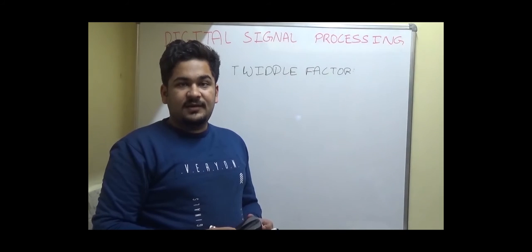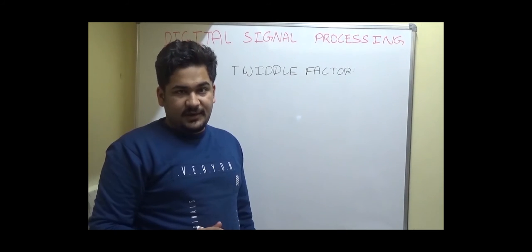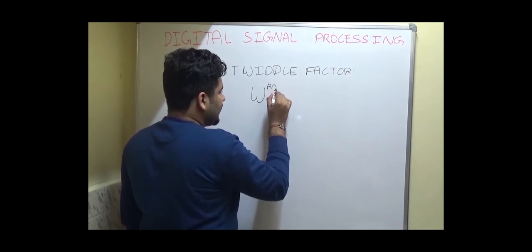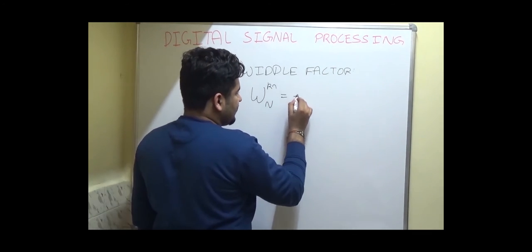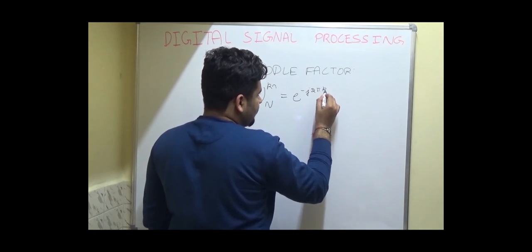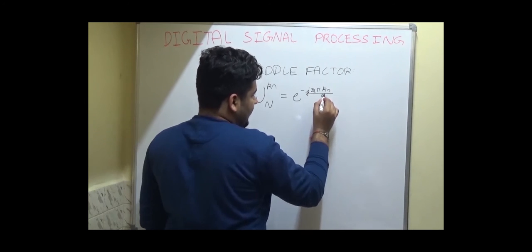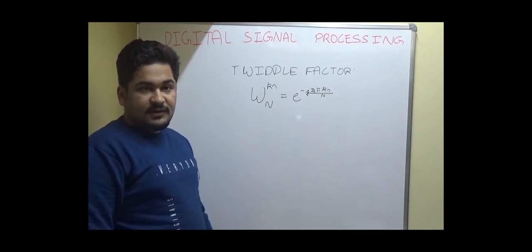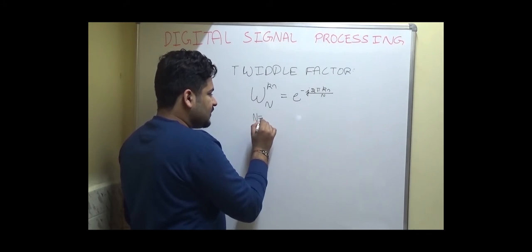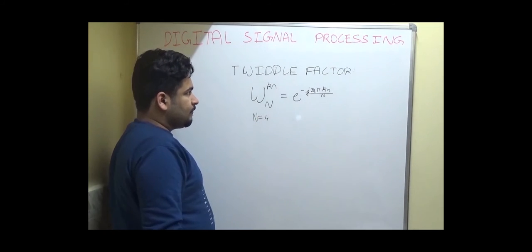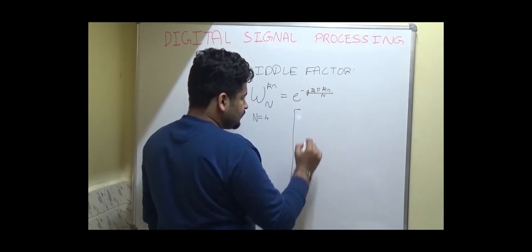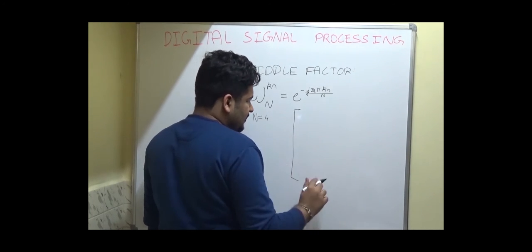Now let us see the matrix representation of the Twiddle factor. Generally the Twiddle factor, that is W kn capital N, which is equal to e raised to the power minus j2 pi kn divided by capital N. The matrix representation of the Twiddle factor for capital N is equal to 4 is given by, the way of representing is very simple.